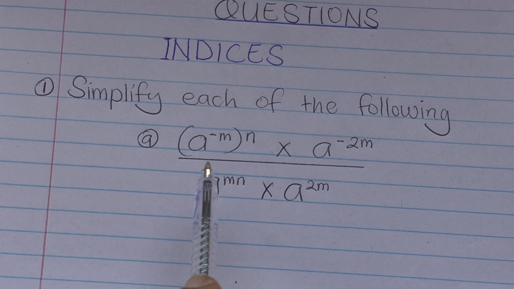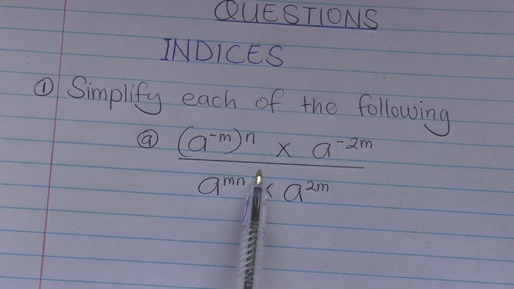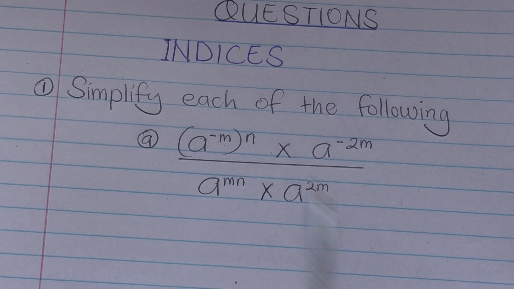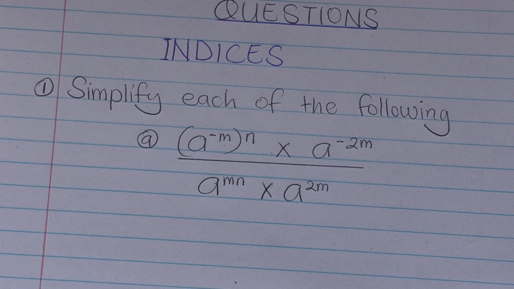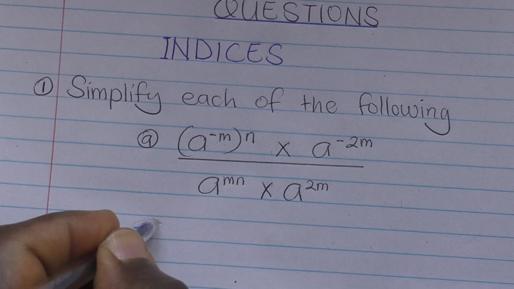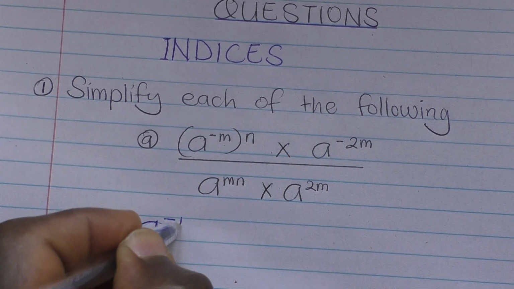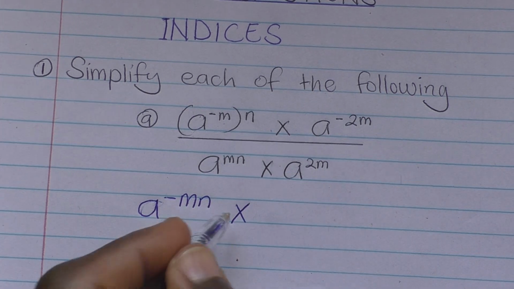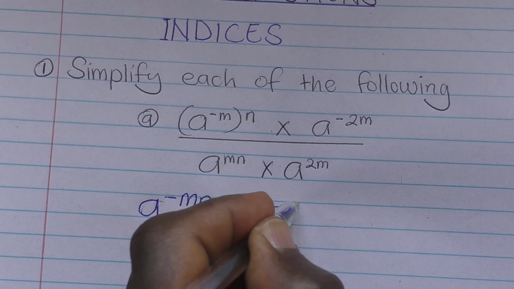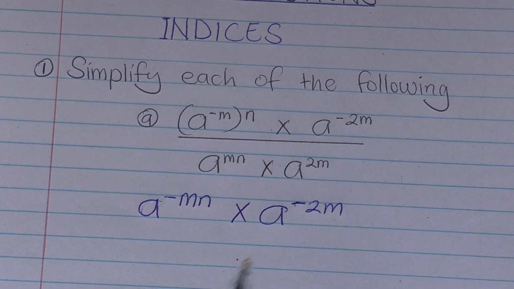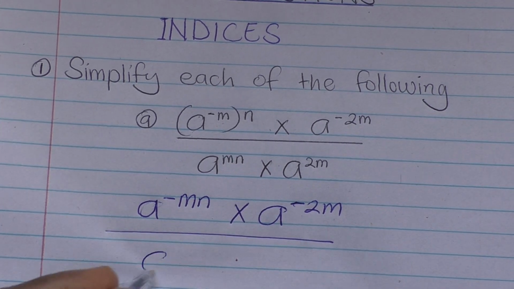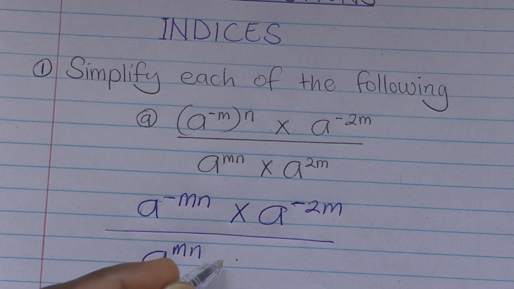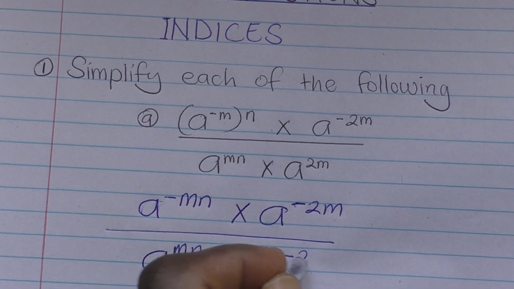So we saw that when we have two powers of the same base, then we simply multiply the powers. That is to say, we shall have a power negative mn times a power negative 2m over a power mn times a power negative 2m.